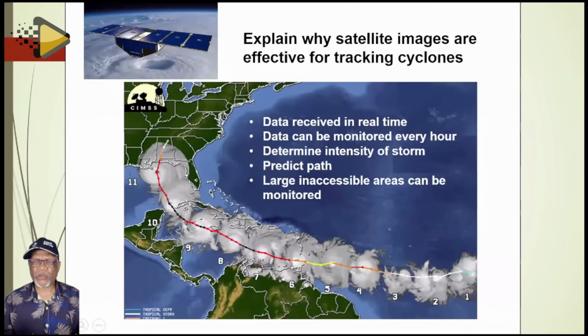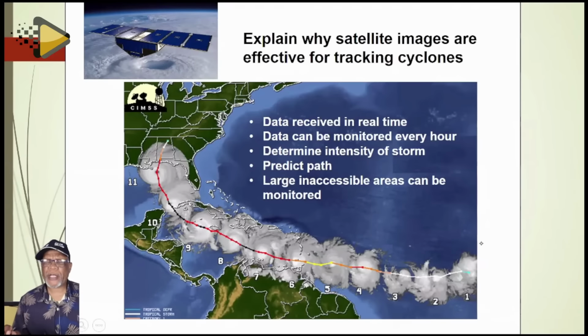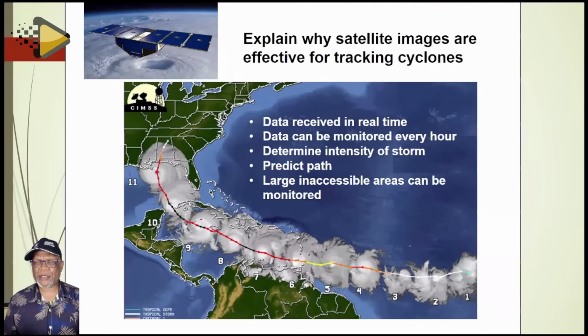So let's look at tropical cyclone. Explain why satellite images are effective for tracking. So this is tropical cyclone management. Why is it important to use satellites? Because data is received in real time. Satellites are giving you a live feed of whatever process is taking place, and the data can be monitored every hour.